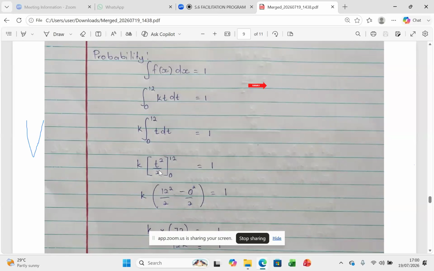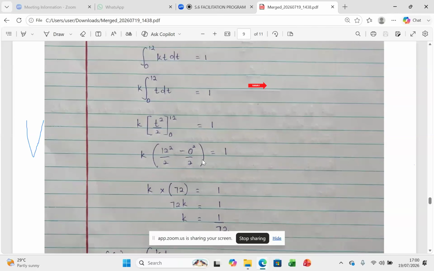After integrating, you add 1 to the power and then divide by the new power. Then you replace the upper limit and subtract the lower limit as shown from our work. After that, you can find the value of the constant k.